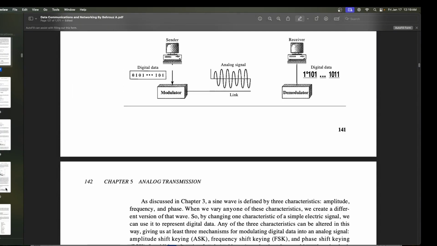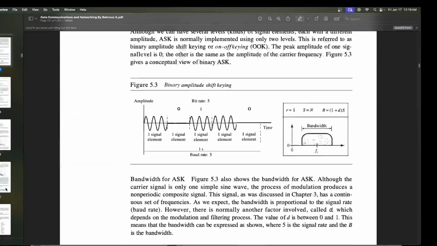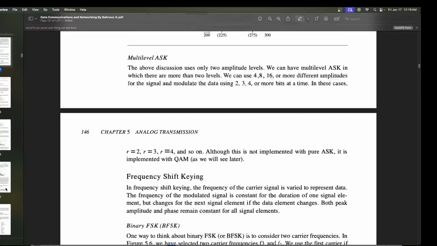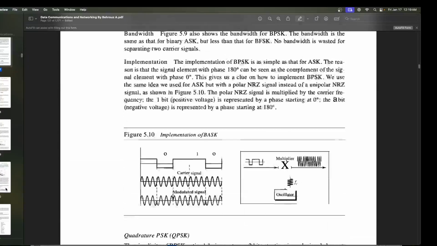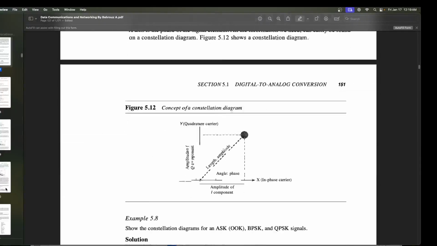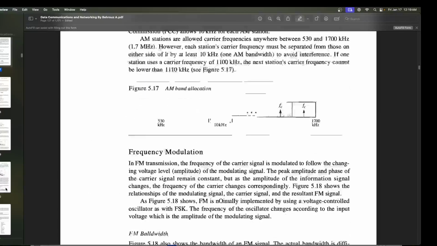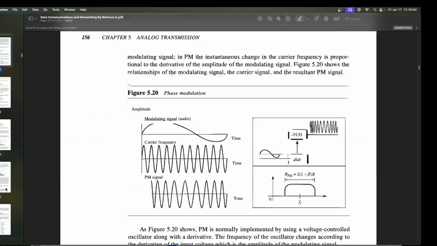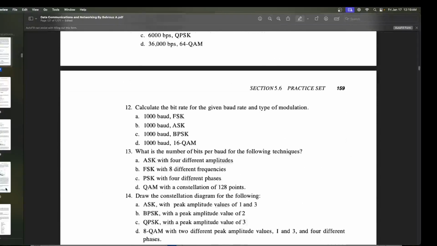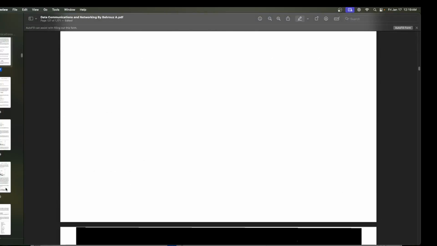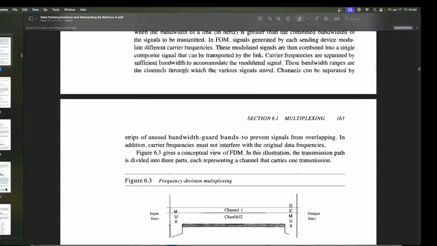Then you have a modulator, demodulator, and so many types like ASK. This is actually electronics engineering syllabus, not for our computer networks. This much is enough.